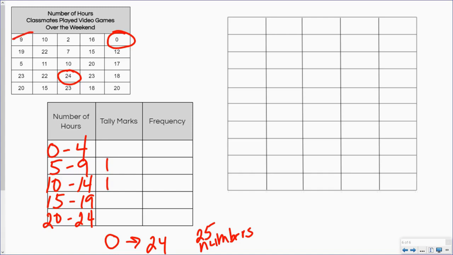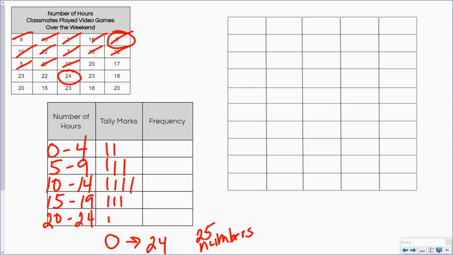Next one was 10. Next one was 2. Next one was 16. This one is 0, 19, 22, 7, 15. Then we have 12, 5, 11, 10.